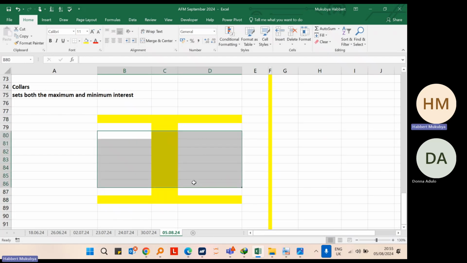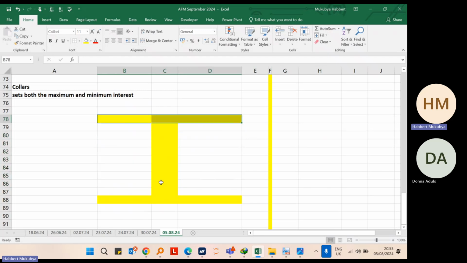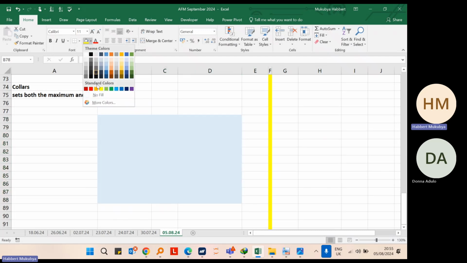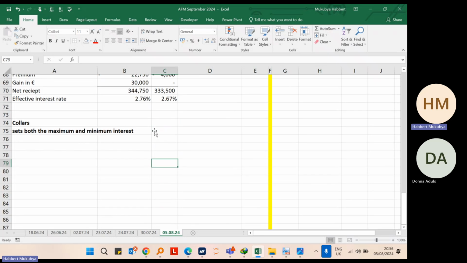So if the interest goes higher and you are depositing, you won't benefit beyond the maximum. But if it goes lower and you are borrowing, again it won't go beyond this, so you will still be fine. That is what we call a collar. So how does the collar work? You have to know how the option works.